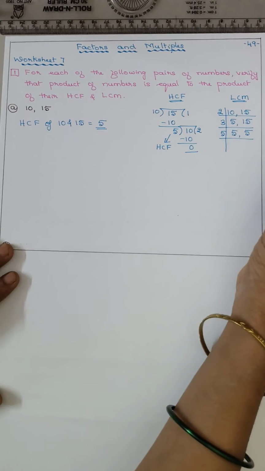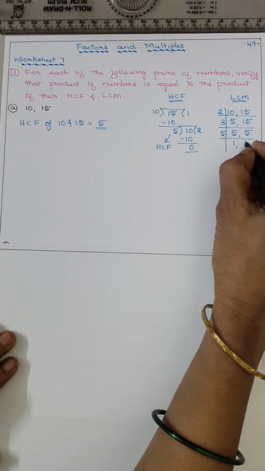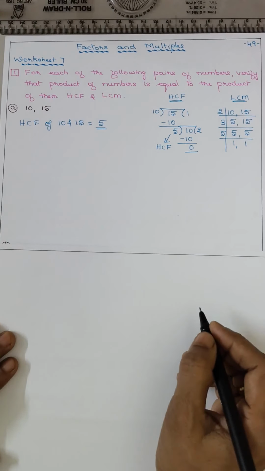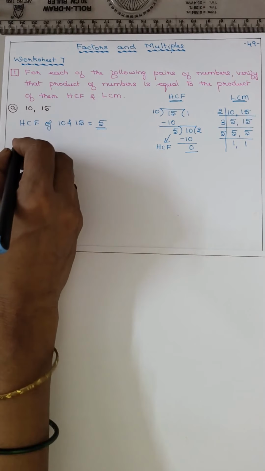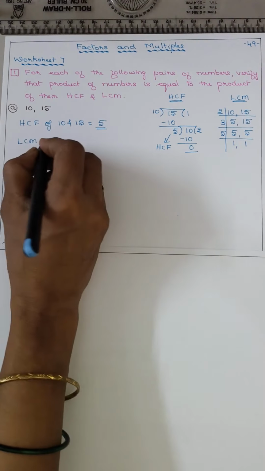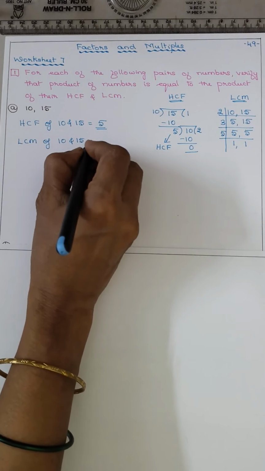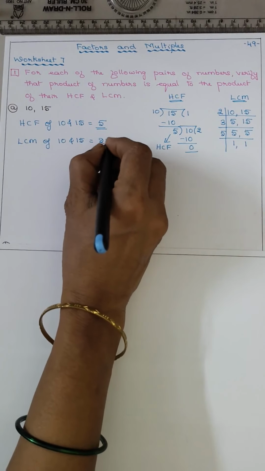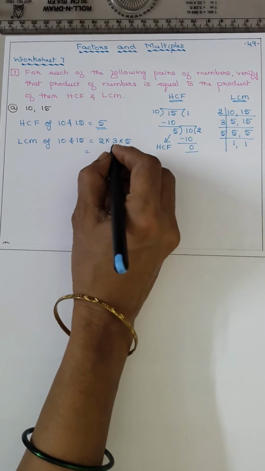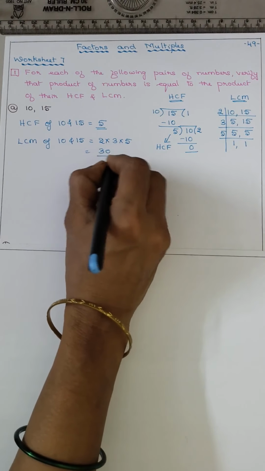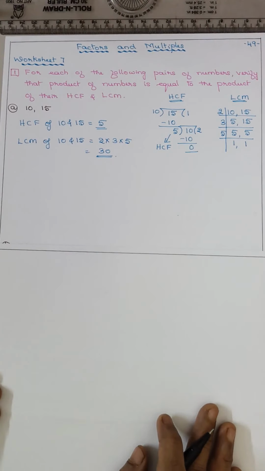Now 5, it is 1, 1. So LCM of 10 and 15 is equal to 2 into 3 into 5. 2 5s are 10, 10 3s are 30. So you got HCF and LCM.